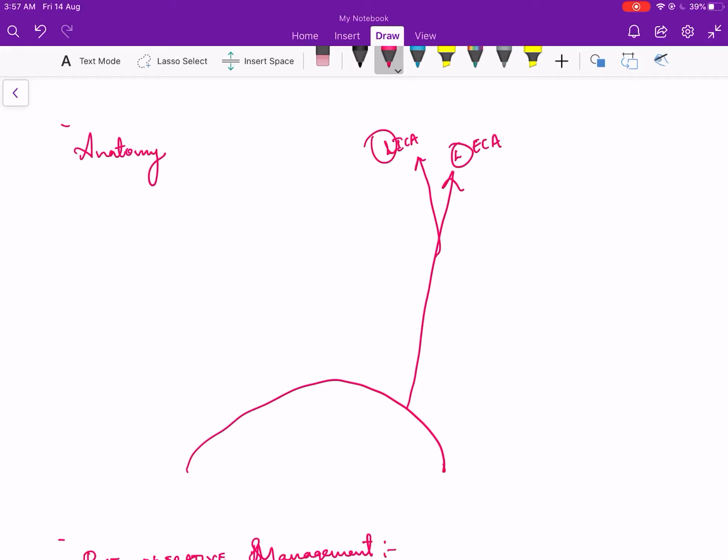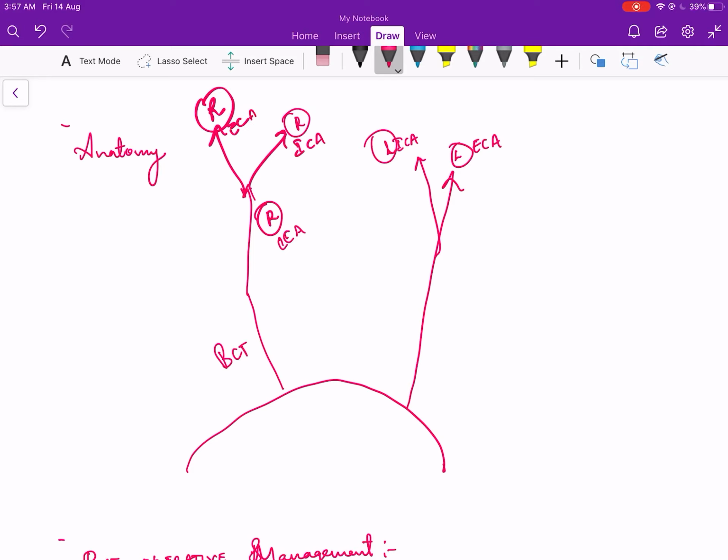The right brachiocephalic trunk divides into the right common carotid artery, which divides further into internal and external carotid arteries, and another vessel, the right subclavian.